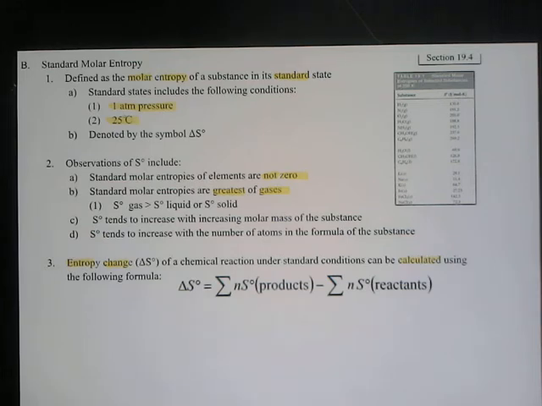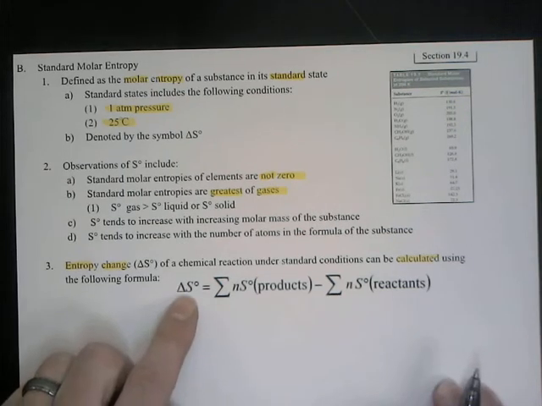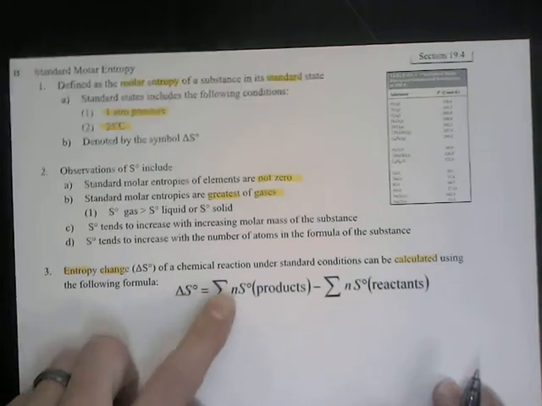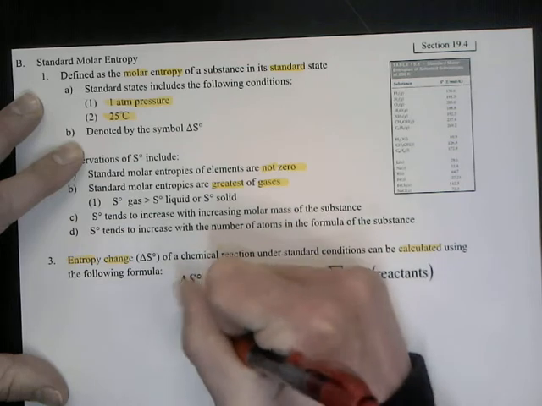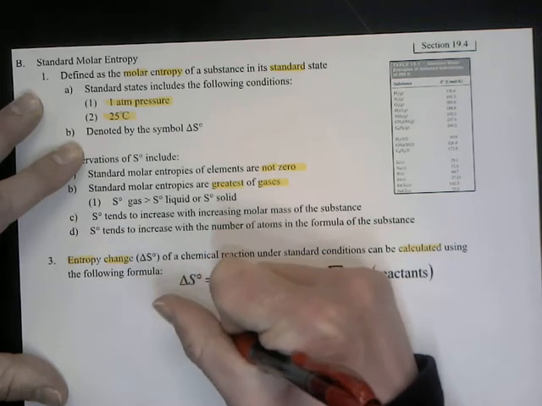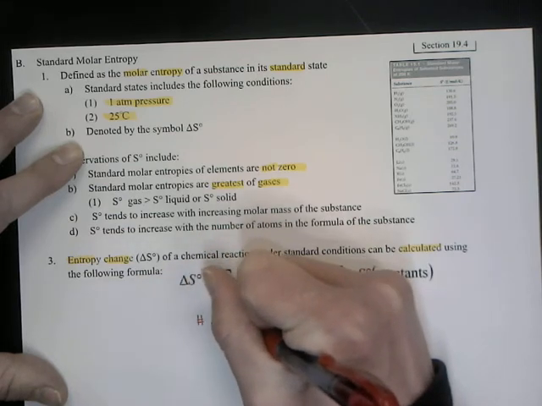Now, I want to look at a couple of things in our formula. Obviously, our delta S is the change of standard entropy, but your N, just to remind you, is the number of moles in that chemical formula.